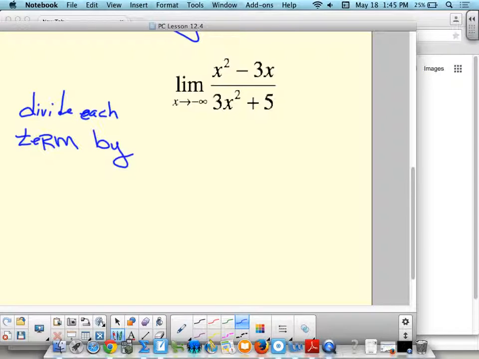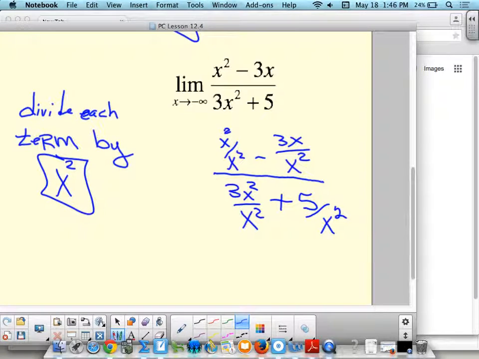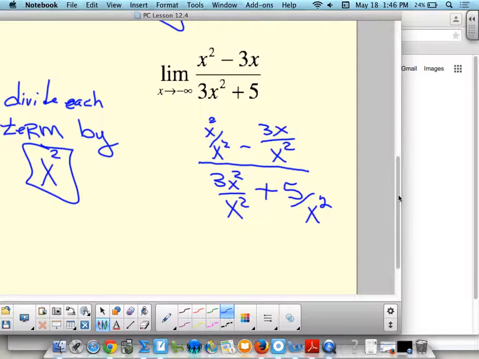What are you dividing each term by? Look in the denominator. It's whatever the highest power of x is. 3x squared. So divide each term by x squared. That's all you got to do.